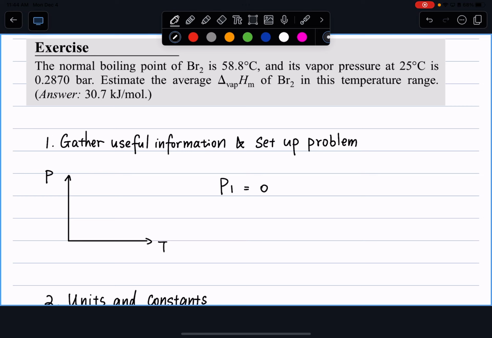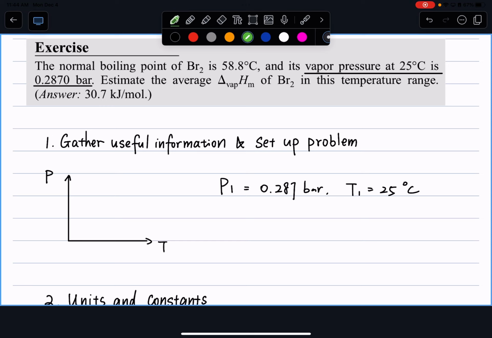we have, well, at P1, your vapor pressure at 25 degrees Celsius is 0.2870 bar. So your P1 equals 0.287 bar, and your T1 equals 25 degrees Celsius. So that's one of the points given on my pressure versus temperature plot.